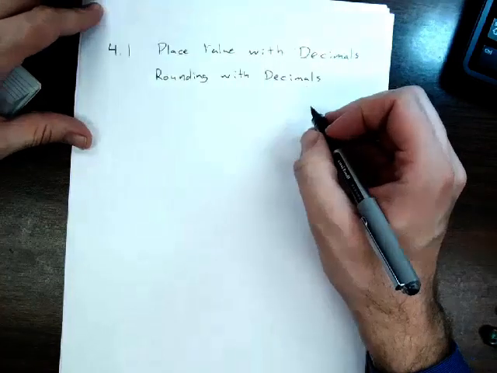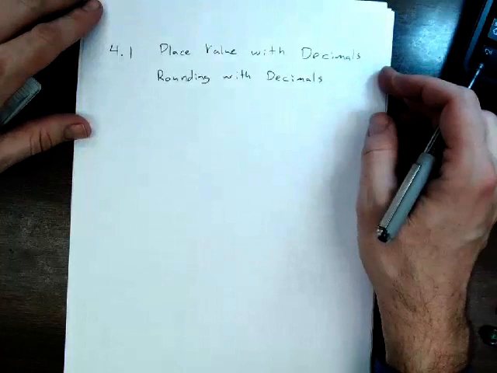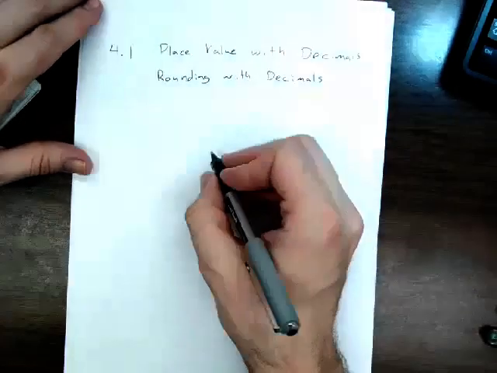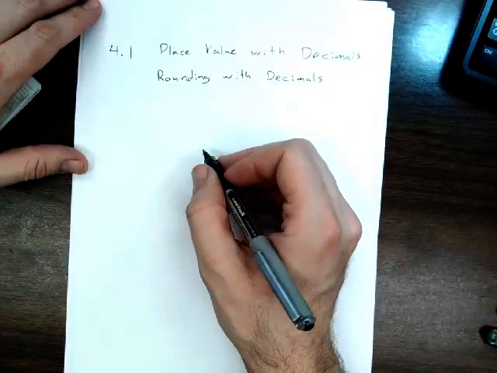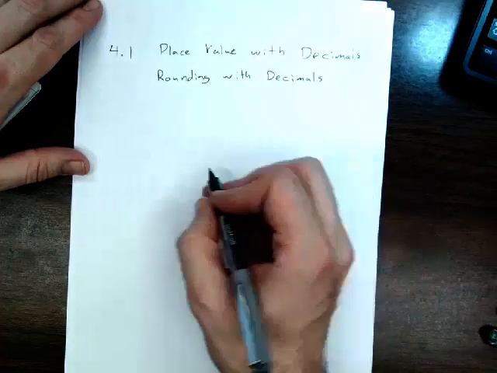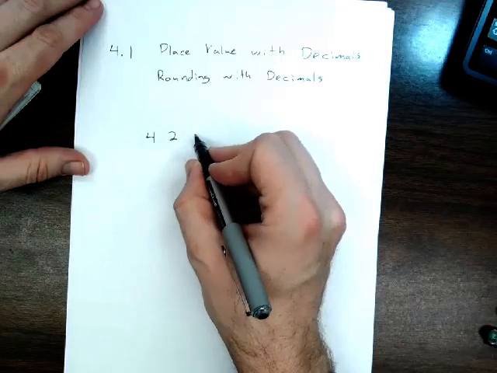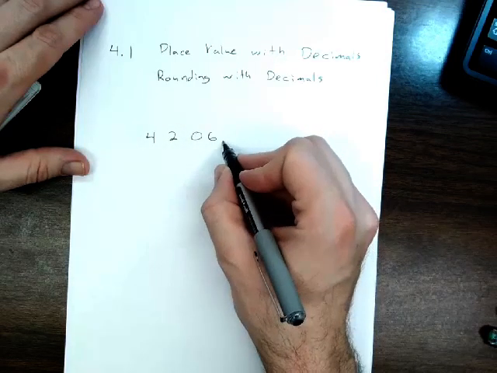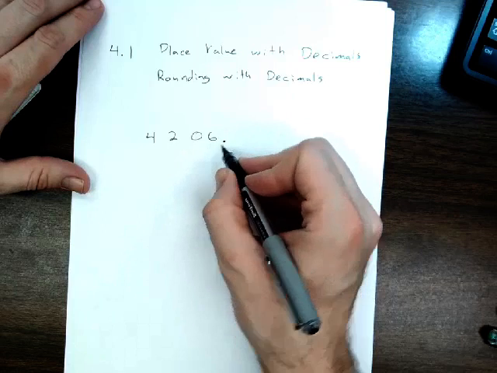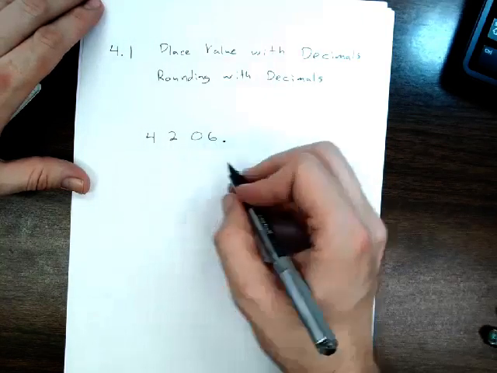A couple things that we should probably mention when we're talking about place value with decimals. Basically, nothing we're saying here is going to supersede what we have said before about our place value. So if I've got a number like 4,206, all of these places stay the same.